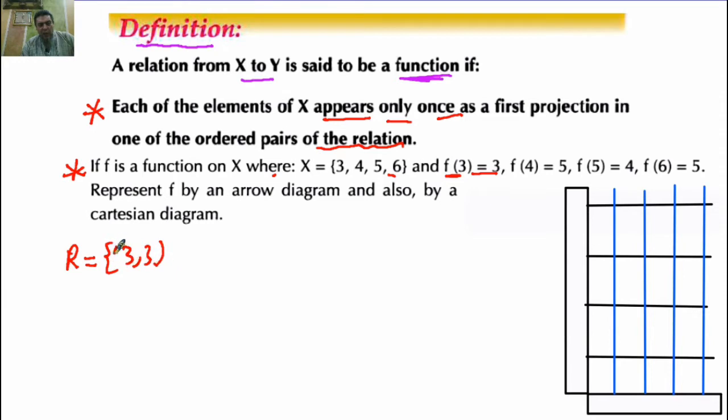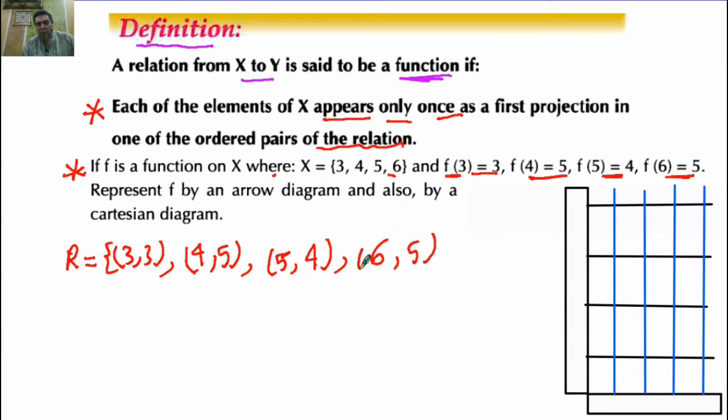F of 4 equals 5, then the ordered pair 4 and 5. F of 5 equals 4, then the ordered pair 5 and 4. F of 6 equals 5, then the ordered pair 6 and 5.